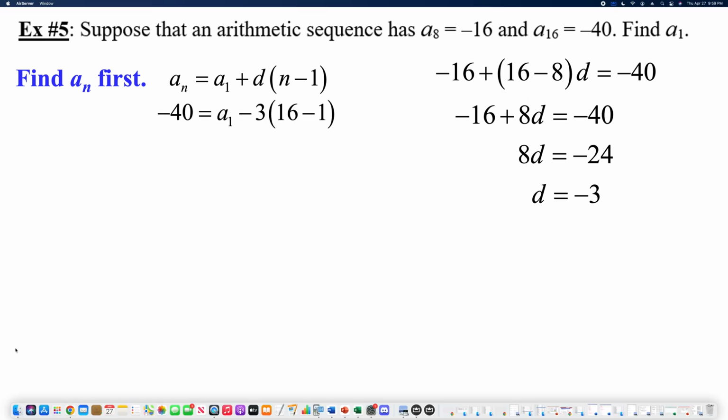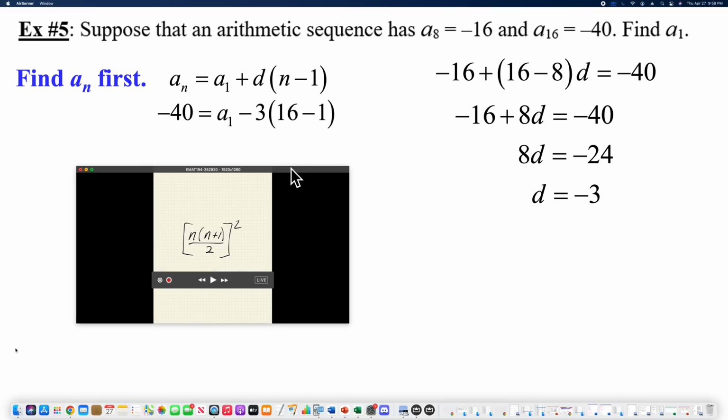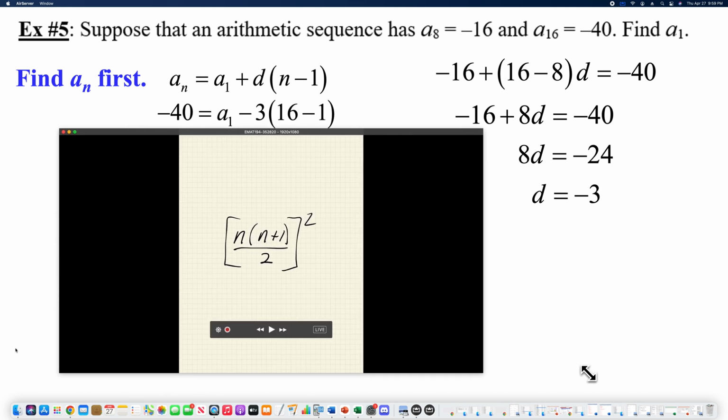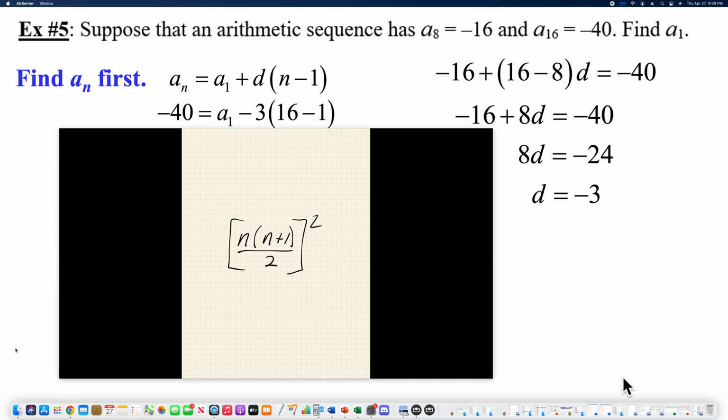All right, a second way of finding your d, because it is technically the slope. I'll kind of put this over here so I can enlarge this. It's a slope. A sub 8 equaling -16, a sub 16 equaling -40 are technically 2 points.